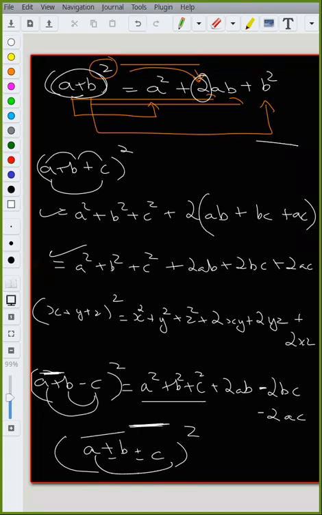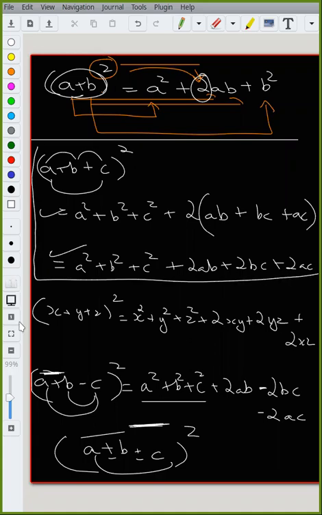Just copy this one down first. Then I'll do it with all 3 terms. Let me see how many of you can tell me that one. Copy this one down.